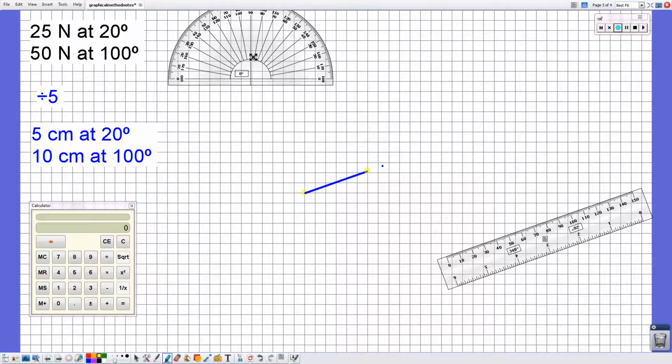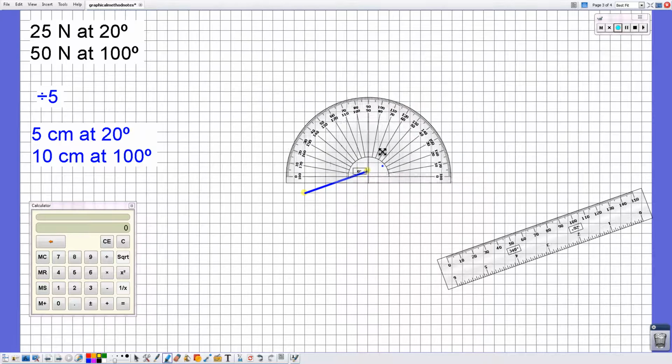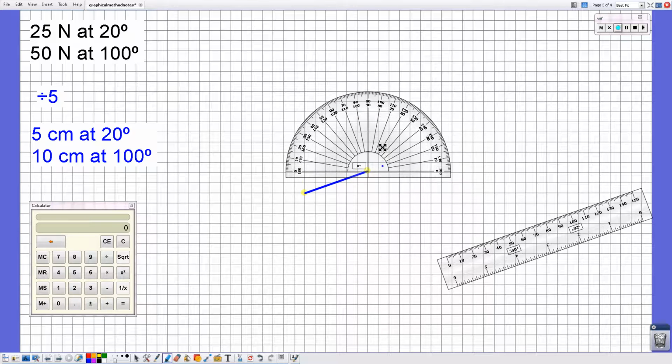Okay, so now I go over here, stick it at my new spot, as lined up as I can make it. And now I'm going to make my dot at 100 degrees. Alright, so 0 to 90 to 100, just past. You know what? I messed that up again. Hit it. There we go.